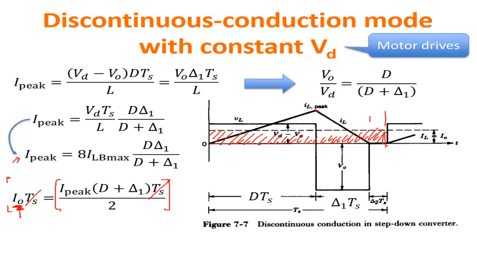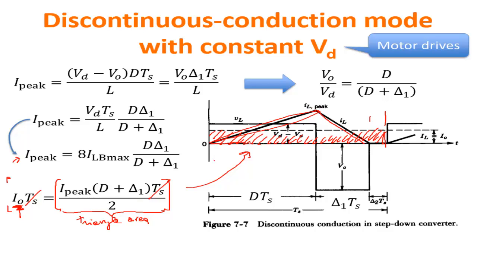So we need to have that the area of this triangle below the current must be equal to the area of the rectangle which has a base equal to the switching period and the height equal to the average current. So we compute the area of this triangle.